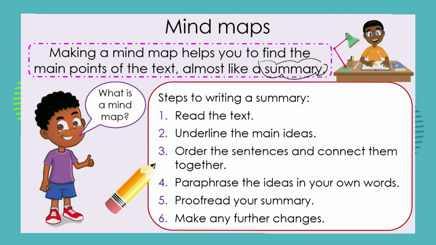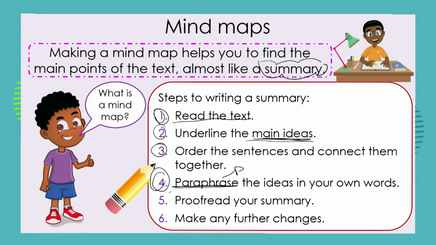Okay. So what are the steps for a mind map, right? We need to first read the text like I've just stated. Then we need to underline the main ideas of the text. We need to order the sentences and connect them together. Paraphrase them. Now, paraphrase, what this word means.